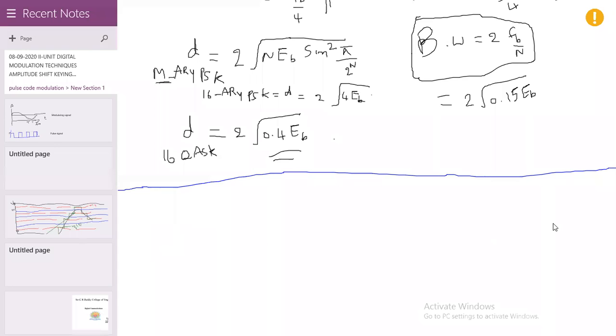Okay, now we go for the receiver block diagram. Generally we know the blocks of that receiver. The received signal is a QASK signal. Please note down parallelly.